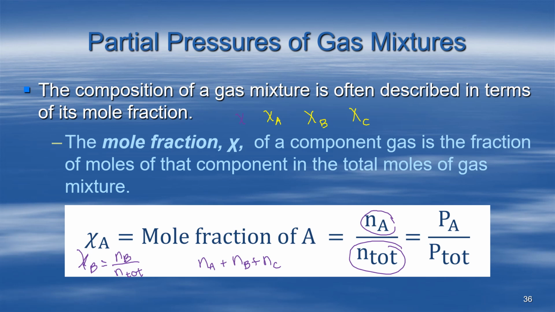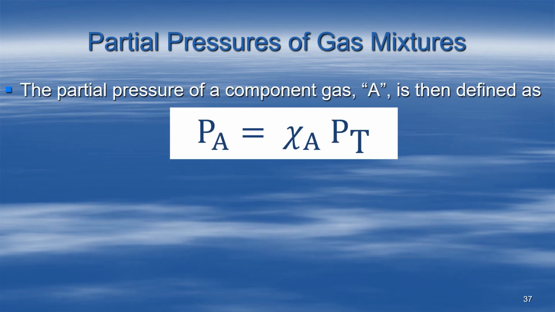Well, what they're saying here is that we can actually relate it to pressure. So mole fraction is also equal to the pressure of just A divided by the total pressure. If we rearrange that equation, we can see that the partial pressure of one gas is equal to the total pressure of all the gases times the mole fraction of that gas in particular.